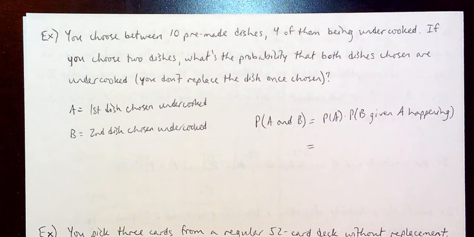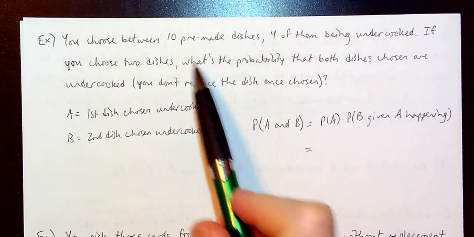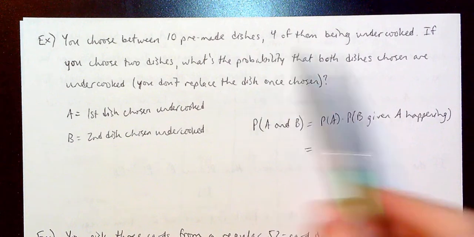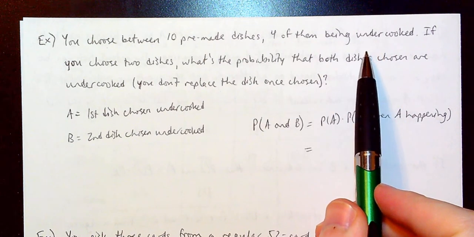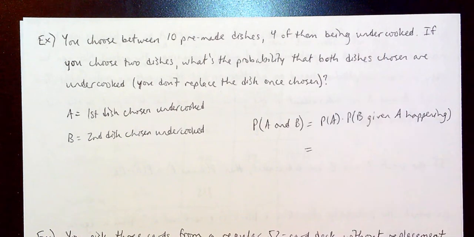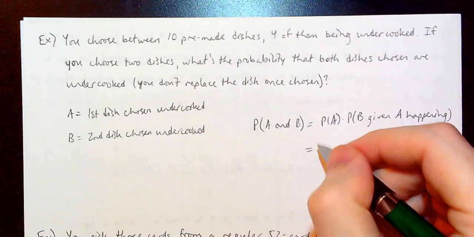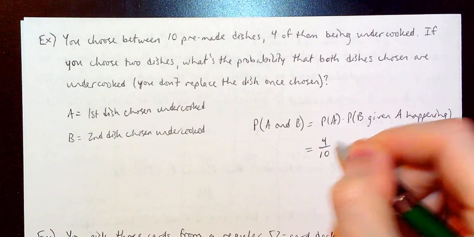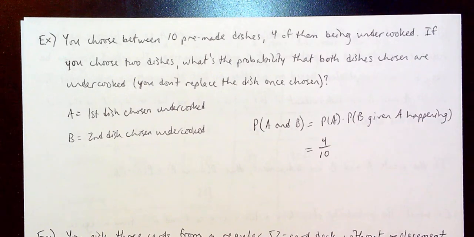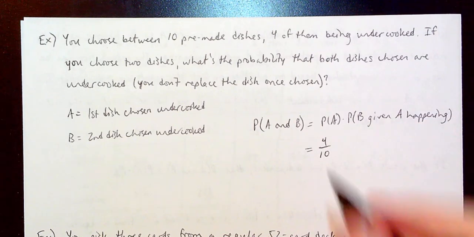So what's the probability that the first dish we choose is indeed undercooked? Well, there are 10 dishes, 4 of them are undercooked. So you have 4 chances to pick something that's undercooked out of a possible 10. So I have 4 over 10 as the probability of A.